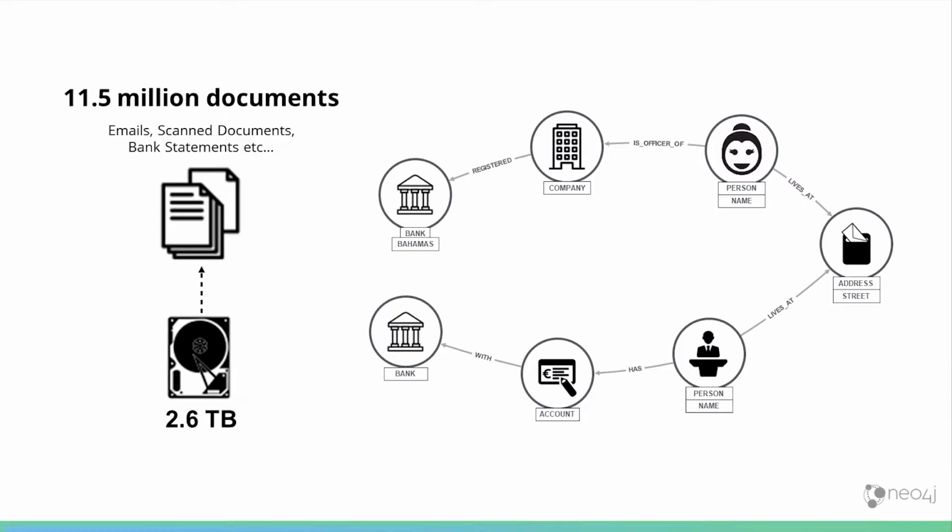And the documents themselves had specific pieces of information within them, like who's the account holder, is there an individual that I'm trying to understand what's going on with? And each individual has, moving to the left, an account held at a bank. And they also have their own home address, moving to the right.